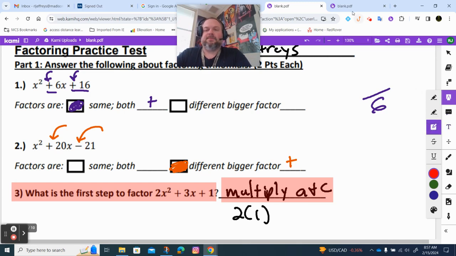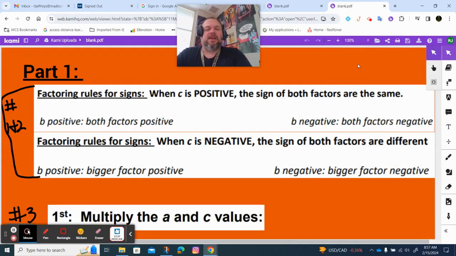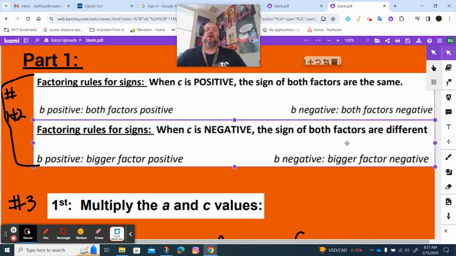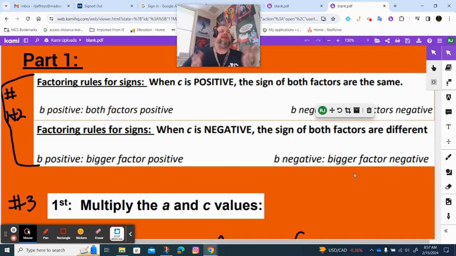All right. So on my orange sheet for this, basically for part one, for numbers 1 and 2, what I did is I actually pulled. Now you don't have to copy this. This is also going to be on Schoology later that you could see. I actually just wrote down the sign rules that we had from last Thursday.